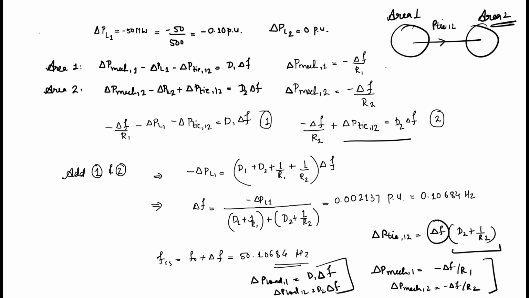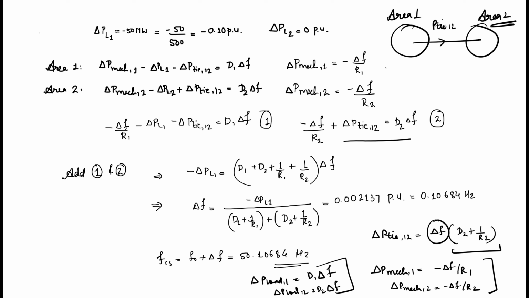If we add these two equations, delta P tie will cancel out and we get delta F equal to minus delta PL1 divided by D1 plus D2 plus 1 by R1 plus 1 by R2. This is delta F in per unit; multiply it by 50 to get hertz, and then add it to F naught. Since the load was reduced, the frequency is increasing.